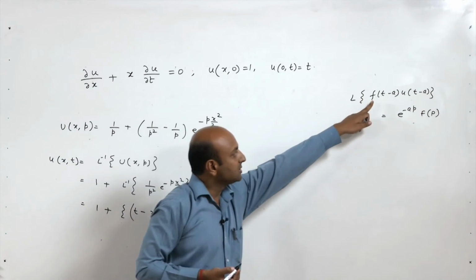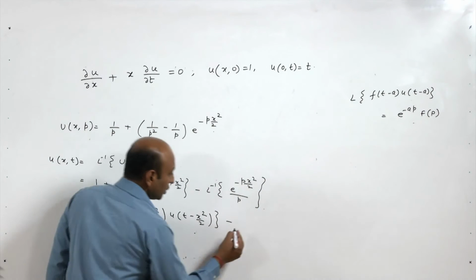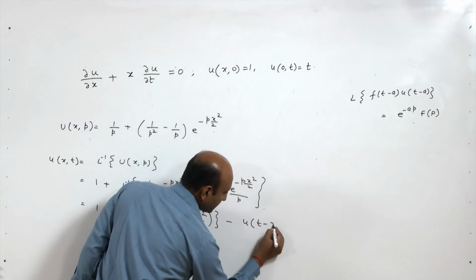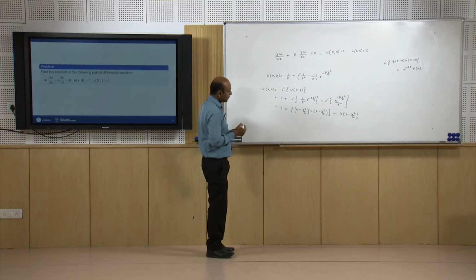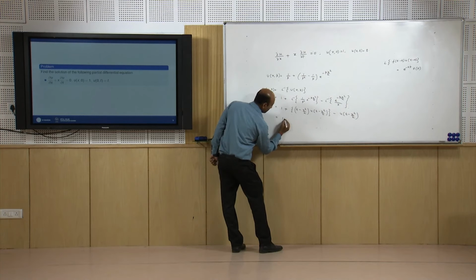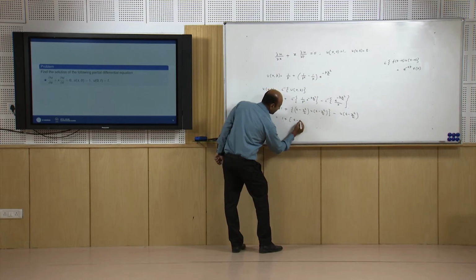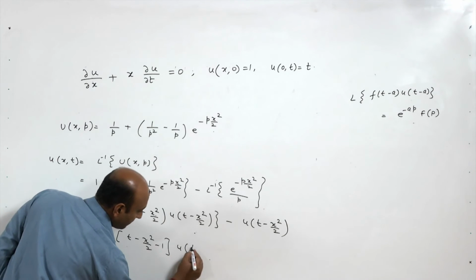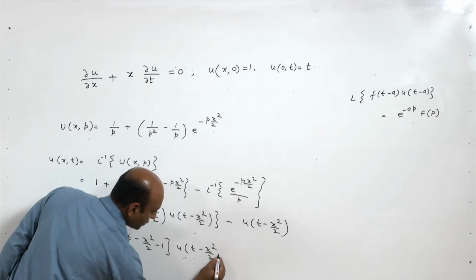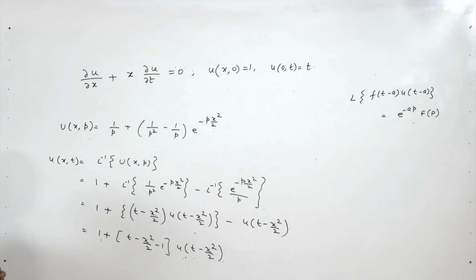So, again this expression will give u of t minus x square upon 2. Therefore, the final answer is 1 plus (t minus x square upon 2 minus 1) u of t minus x square upon 2. So, this will be the solution of this differential equation.